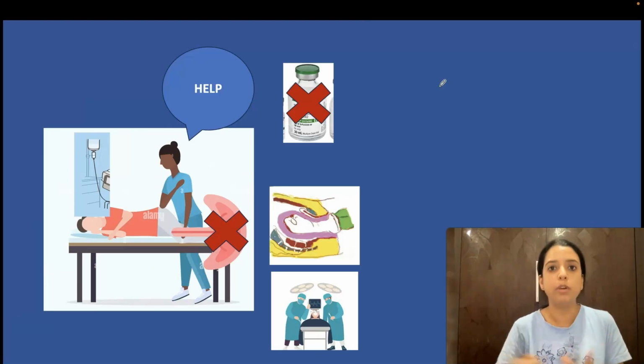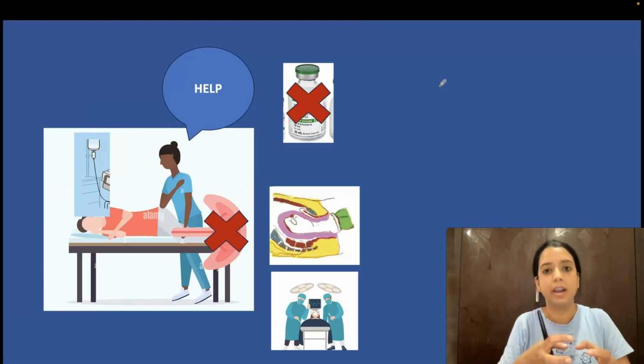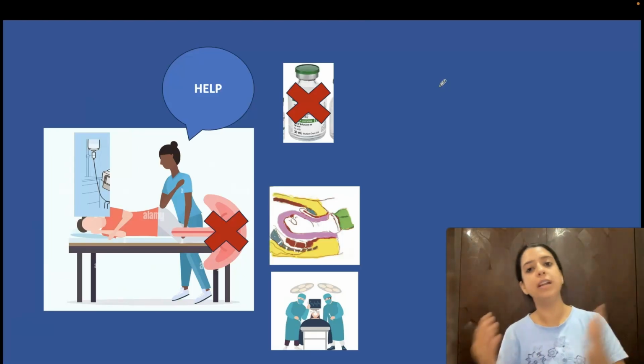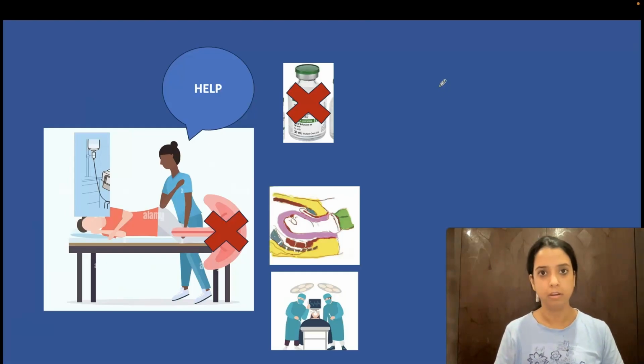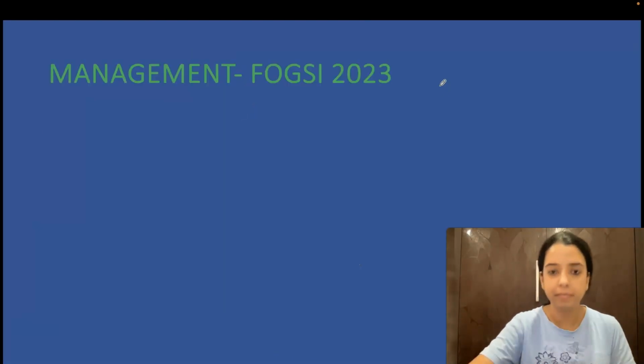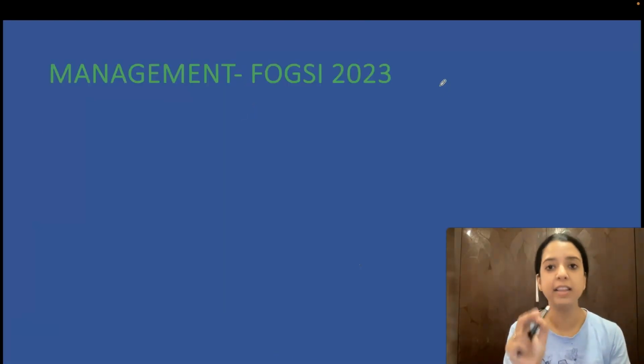So if you're trying to reposit it in the labor room and it is not getting back, that is maybe because uterus is contracted. You will now need a general anesthesia. So now you will take her to OT. So remember, uterine inversion is managed there in the labor room. Okay. So every line is very important.